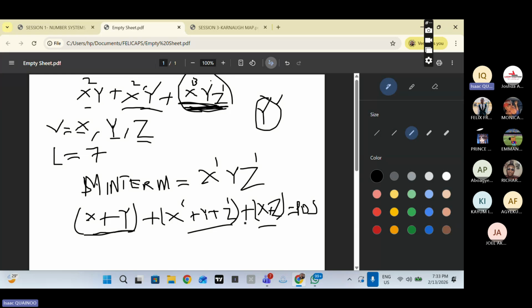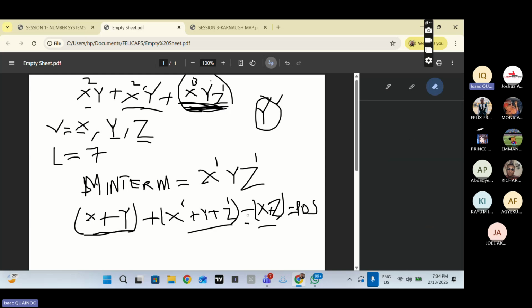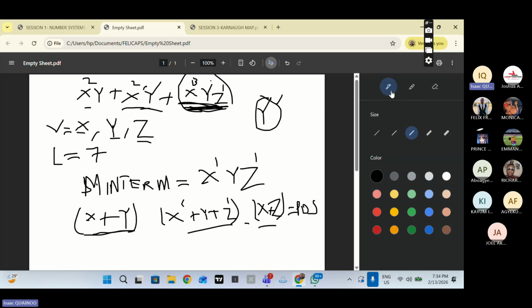And we are now finding the product, please forgive me, of all our sum terms, not the sum. The resulting expression will be a product of sums expression.